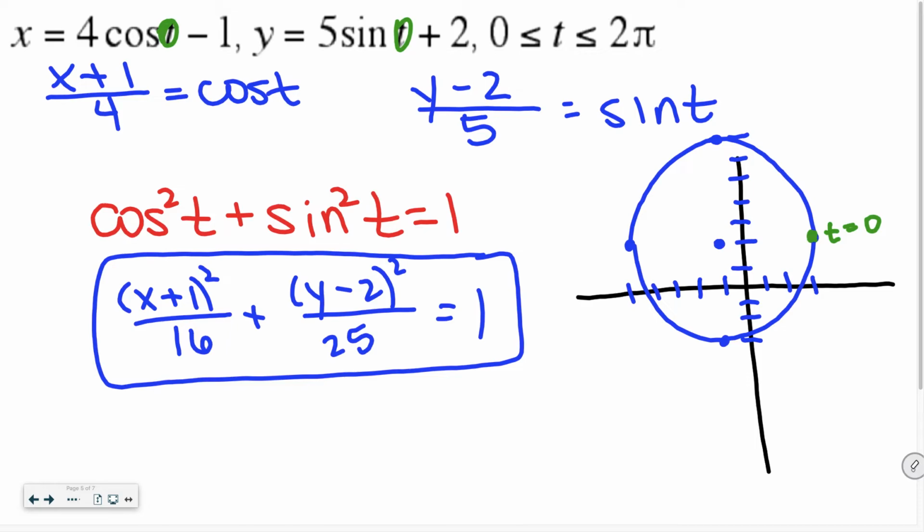Okay. Now, don't plug in pi next. Well, I probably would avoid pi because we're probably going to get this point right here. Pi over 2. And so then we're not going to know, you know what I mean? So let's try pi over 2. If we plug in pi over 2, we get negative 1, 7, which is here.